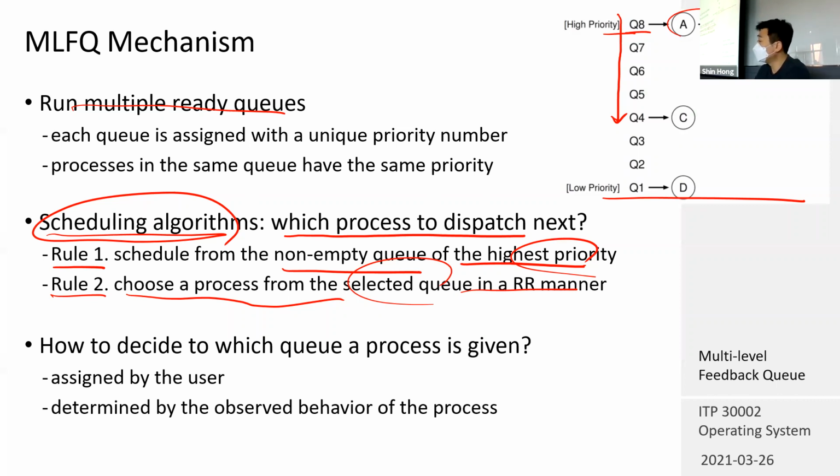That's true, and it should be done in some way. Another approach is determined by observed behavior, I mean, previous user history as feedback to adjust the priority, so the system can automatically find out the proper priority of a process based on history.